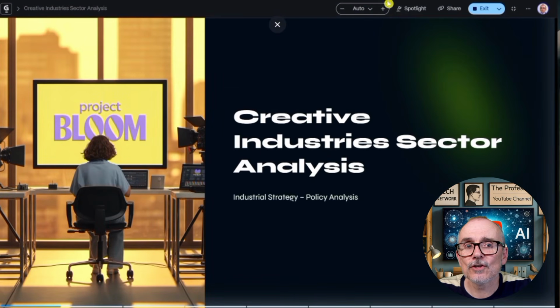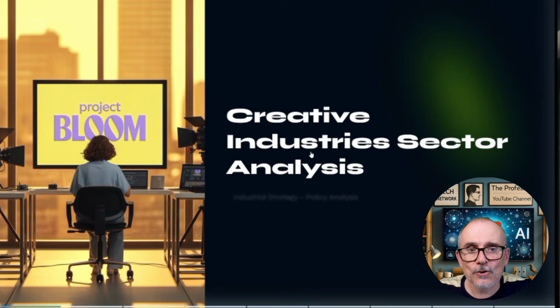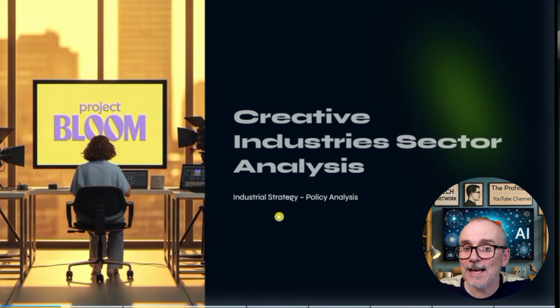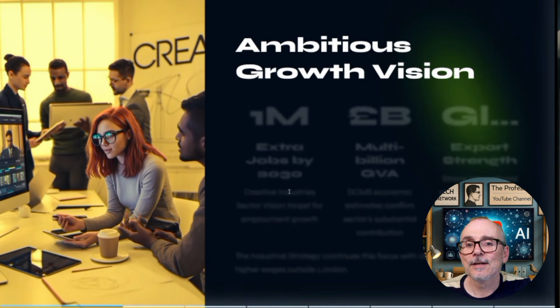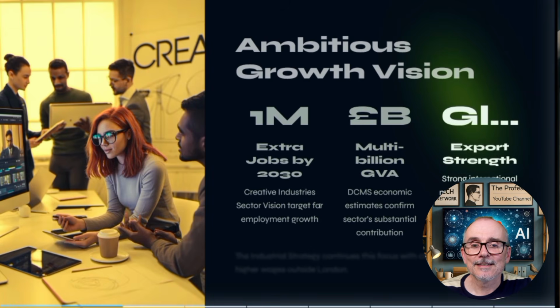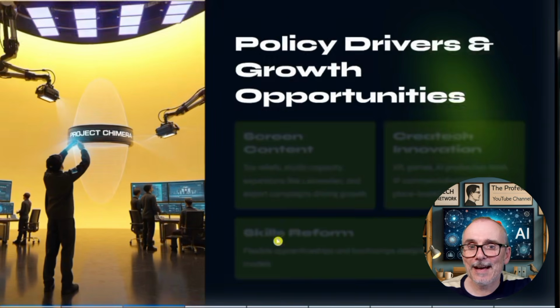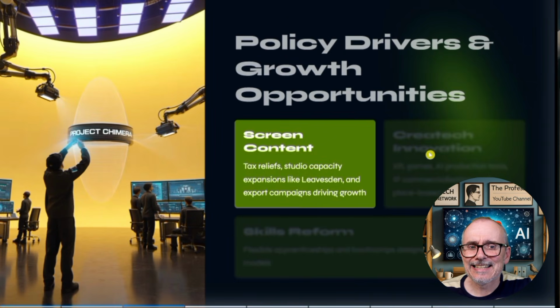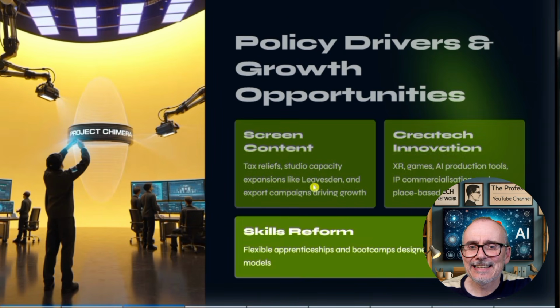And if you go to the top, you can click Spotlight. So you can talk to it. And then if you click on the screen, it will light it up for you. Ambitious growth vision. You can talk about extra jobs. And it lights it up. How cool is that? Go in whatever way you want.